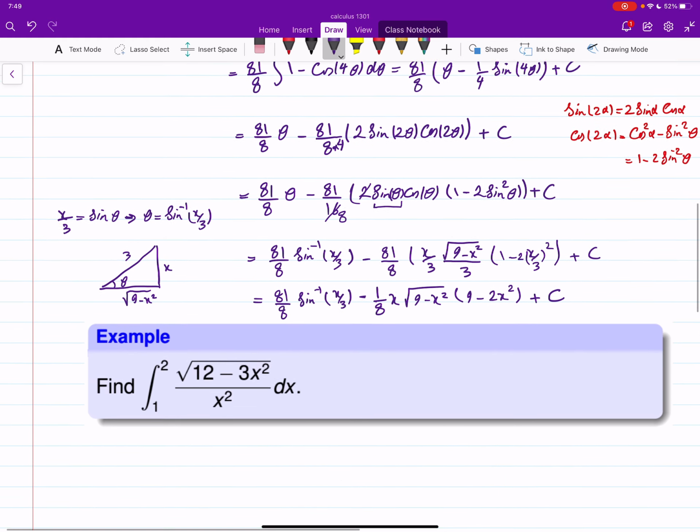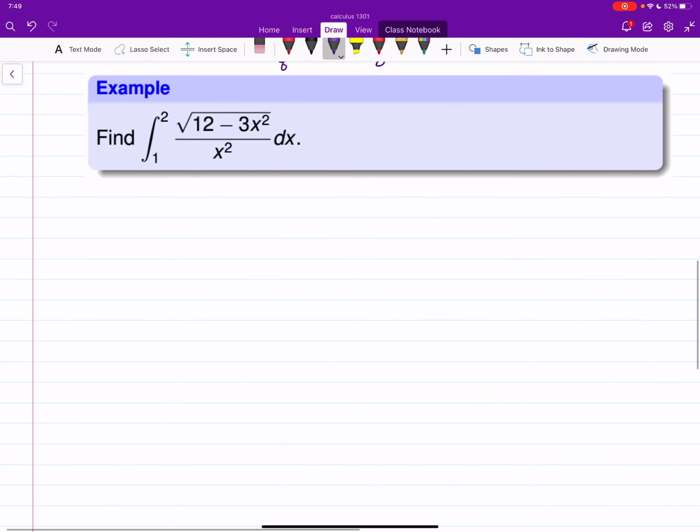Okay, so let's do another example here. The integral of root of 12 minus 3x squared. The first thing you notice here is that I don't have a minus x squared. But if you do one step here, if you factor the coefficient of x squared, it will be root 3 times root of 4 minus x squared over x squared dx.